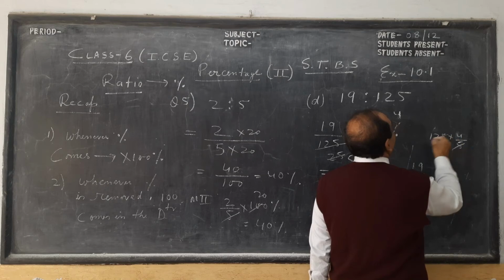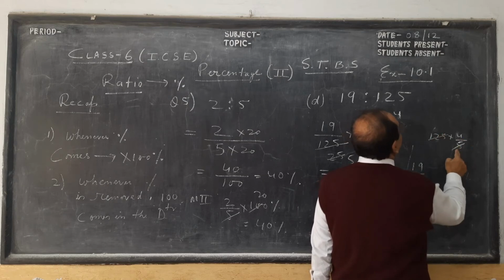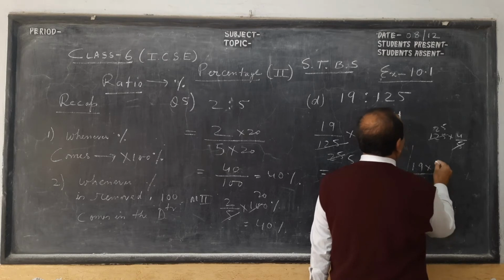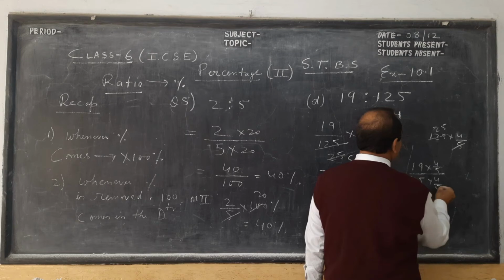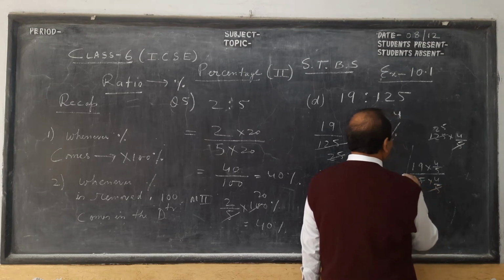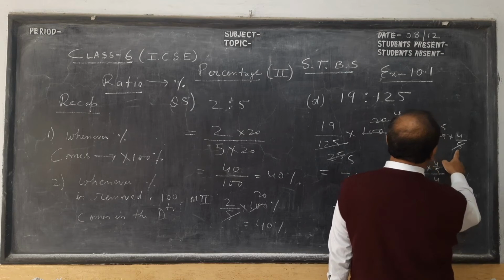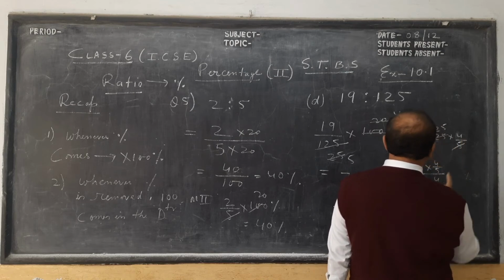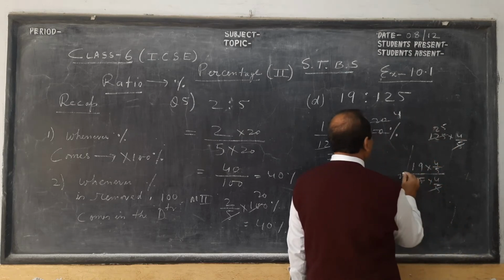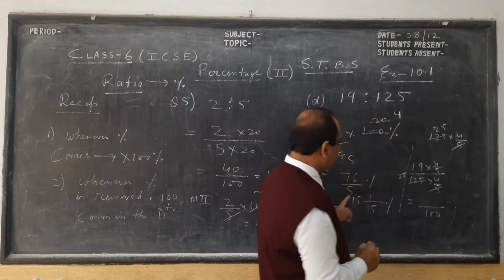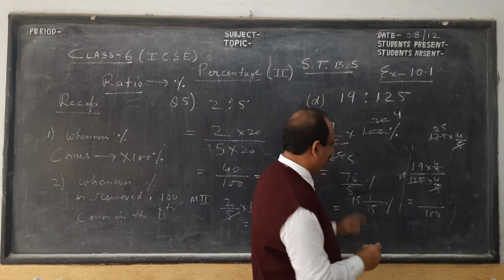So this will become 25 fours, this will go 25 times, the denominator is 100, and above, children, you will get 76 by 5.